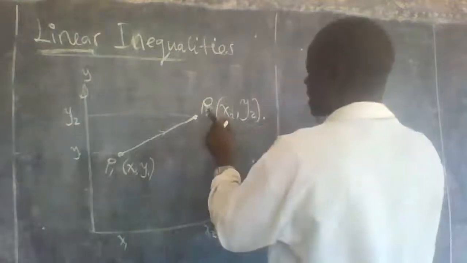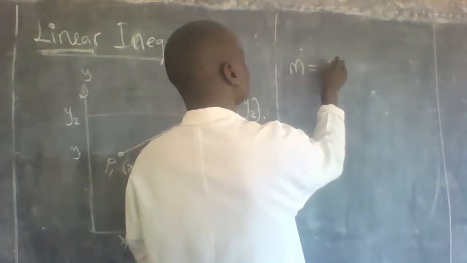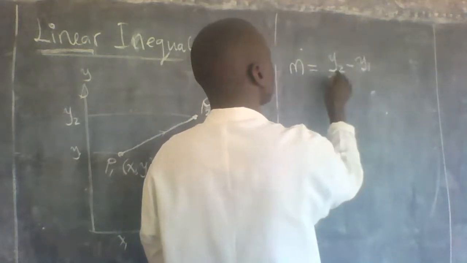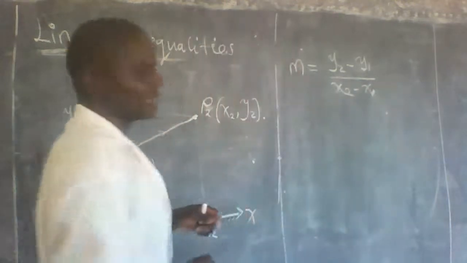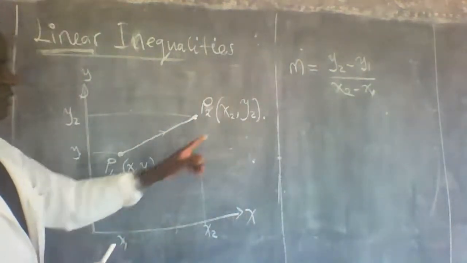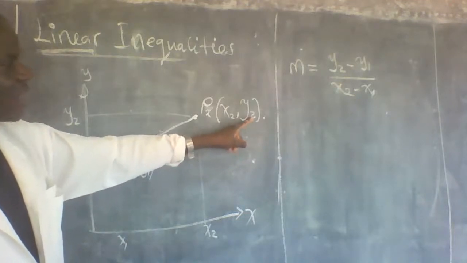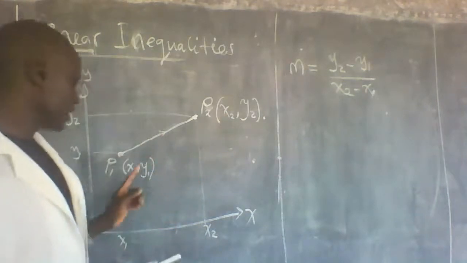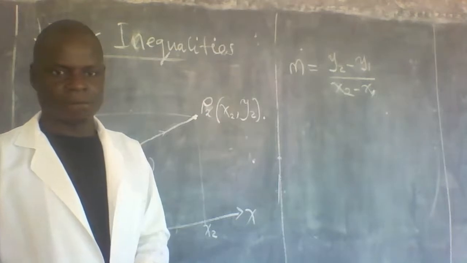So finding the gradient, we say m is equal to y2 minus y1 over x2 minus x1. That's how we can find the gradient. You subtract the value of y1 from y2, over x1 subtracted from x2, and that will give us the gradient.